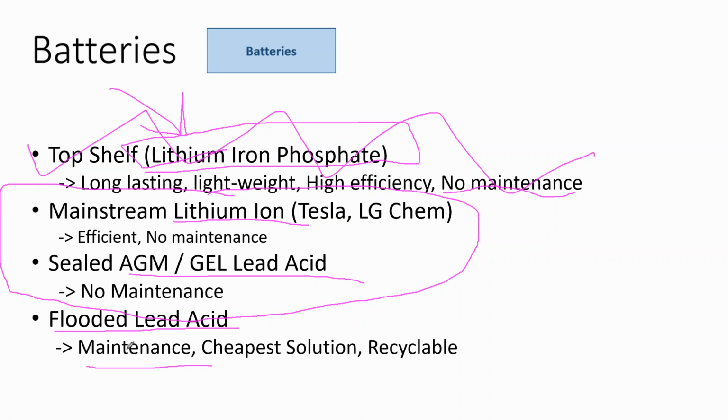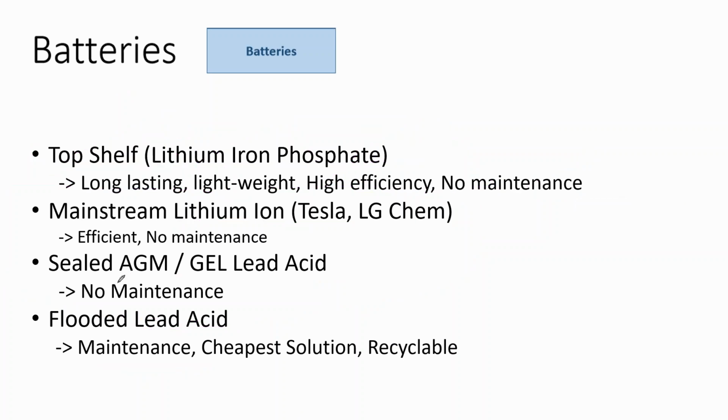And in addition to that, there are some conditioning modes that you put onto a flooded lead acid battery to better maintain the anode and prevent the plaque that builds up on the anode that ultimately results in it being less efficient and failing. Now, there's nothing magical about a sealed lead acid that says you don't have this plaque buildup.